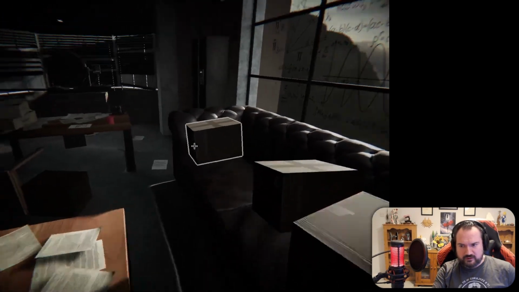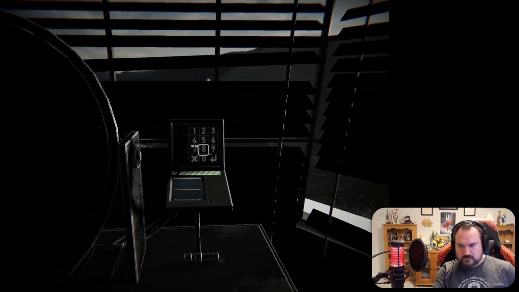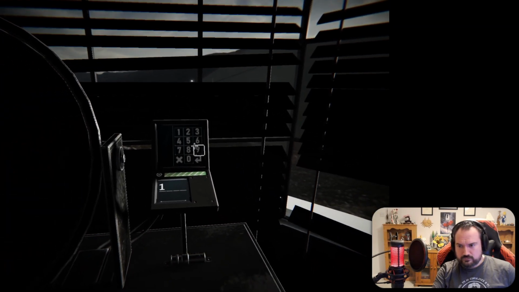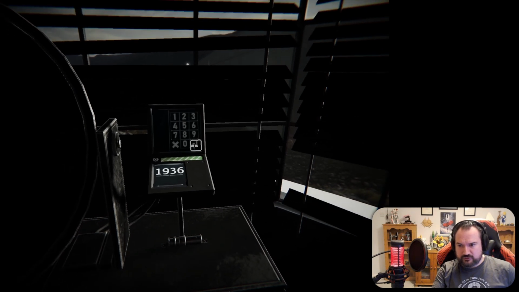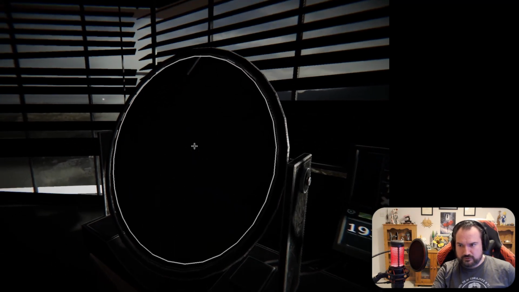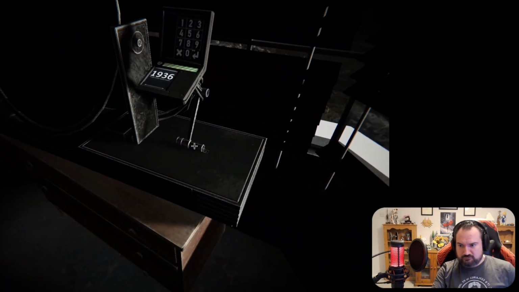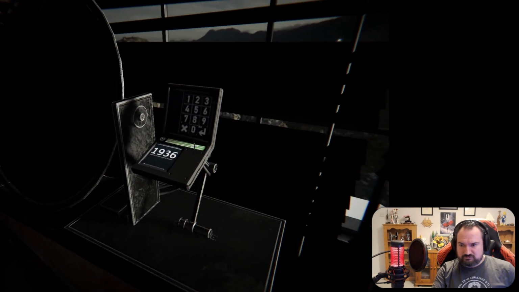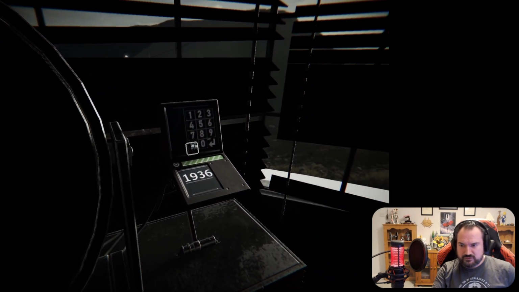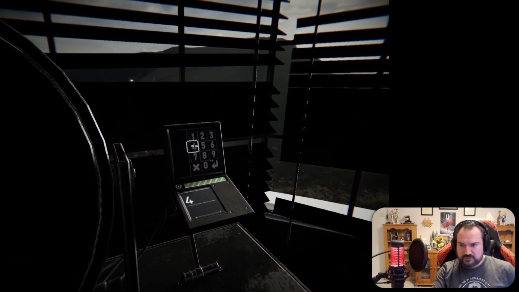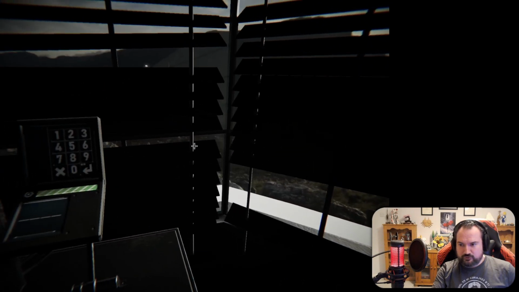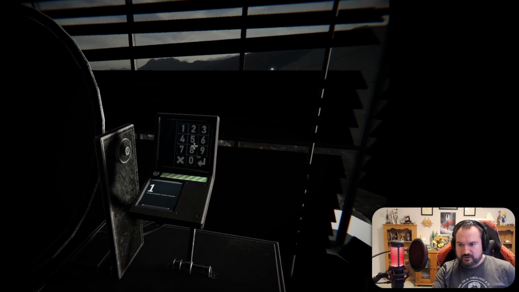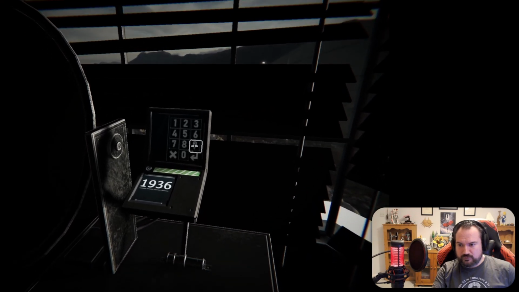I'm happy with that. Now this is asking for a 4-digit code, but it gives you very little to imply that the code is right or wrong.